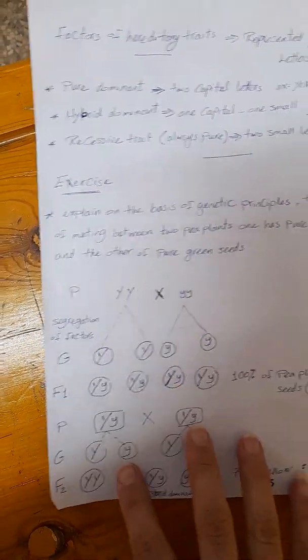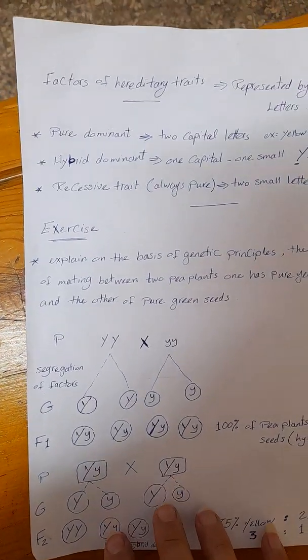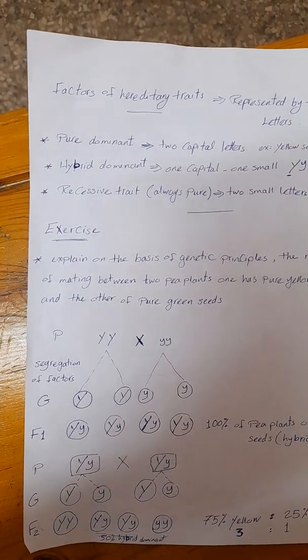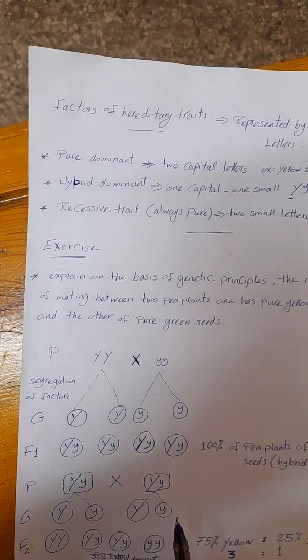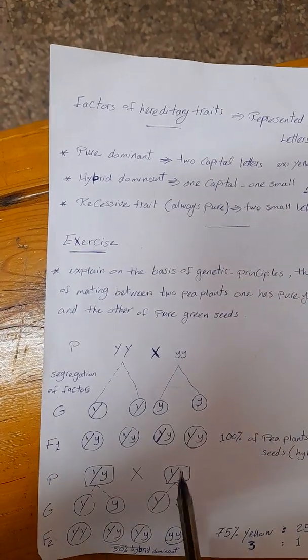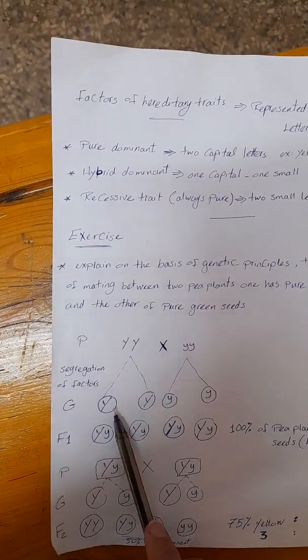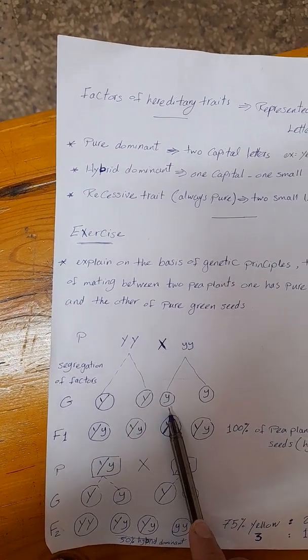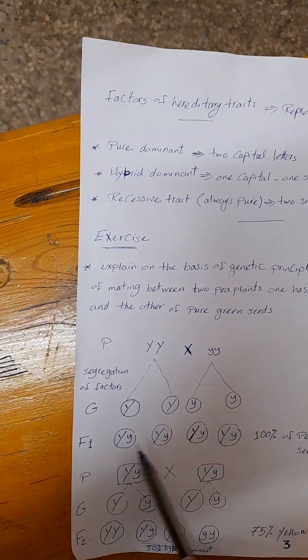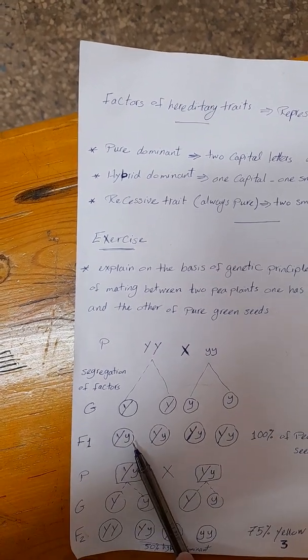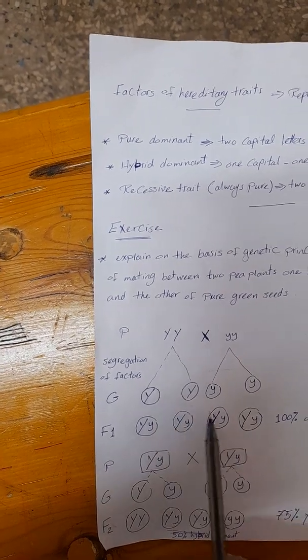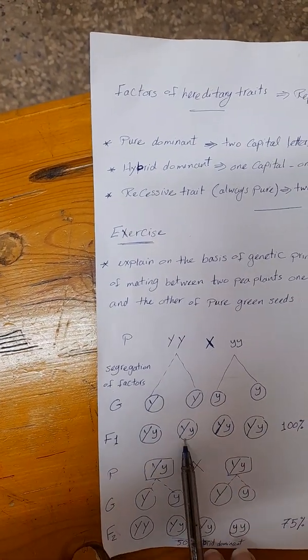Then fertilization occurs to produce offspring, or the first generation, and the factors aggregate again. Capital Y from this plant combined with small y from the other plant produces capital Y, small y. Then capital Y with small y produces capital Y, small y.